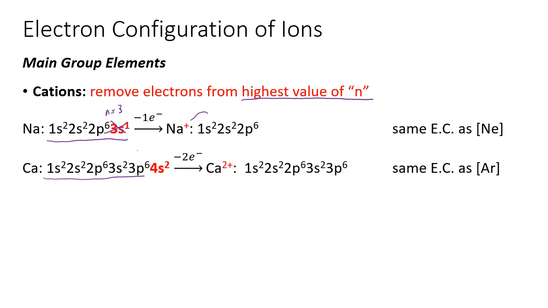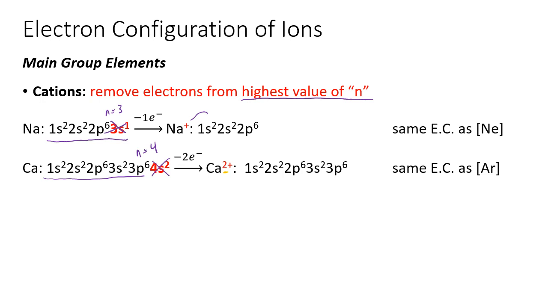So the highest value of n here is n equals 4. So when calcium loses its valence electrons, it's going to lose its two 4s electrons. So when calcium becomes an ion, it'll become the calcium 2+ ion, and its electron configuration will be 1s2, 2s2, 2p6, 3s2, 3p6. And this is the same as its preceding noble gas as well. And for calcium, the preceding noble gas is argon.